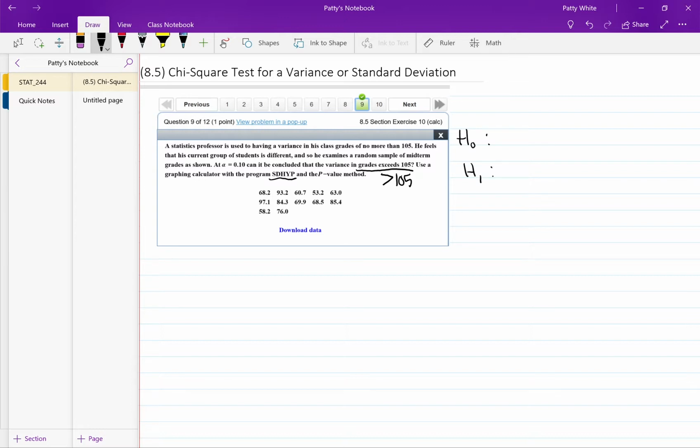Well, we know that we're testing a variance because it tells us a variance right here, and variance is denoted with sigma squared. The claim we want to see if we have enough evidence to support is that the variance is greater than 105, so strictly greater than 105. The complement of that goes in our null hypothesis, so that the variance is less than or equal to 105.